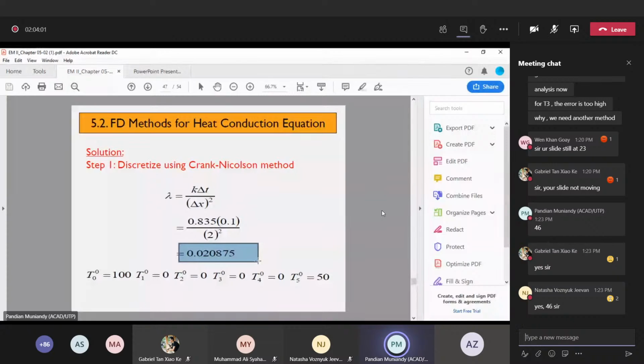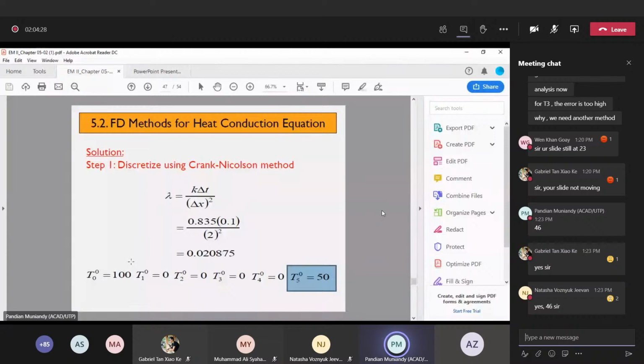Now, the initial condition and the boundary condition are given like this. You must take note here. The T00 is the temperature at x0. And then temperature at x equals to 10 is T subscript 5 equals to 50. T0 subscript 5 is 50.